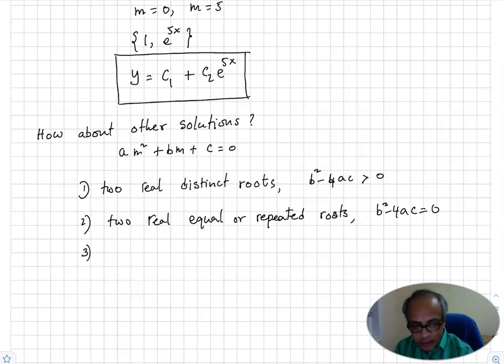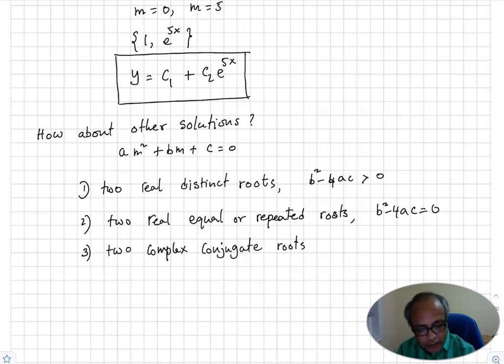Now maybe you can think of what would be the other case from a first year algebra or high school algebra course. Two complex conjugate roots when b square minus 4ac is less than 0.